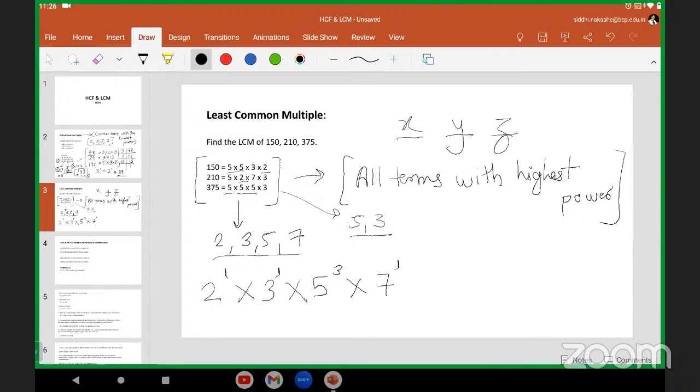Now you all got the difference between LCM and HCF, what we are doing? In HCF we are only selecting the common terms. Here we are selecting all the terms, but with the highest power. In HCF it was the lowest power, and in LCM it will be the highest power. So please multiply this. You will get 2 into 3 into 125 into 7.